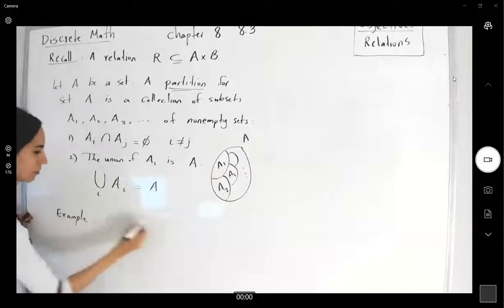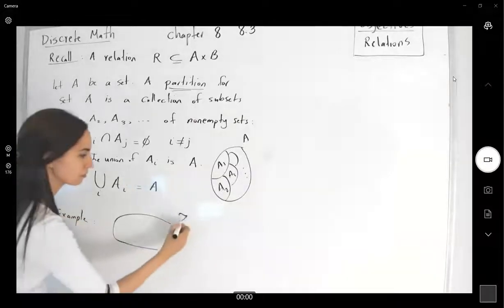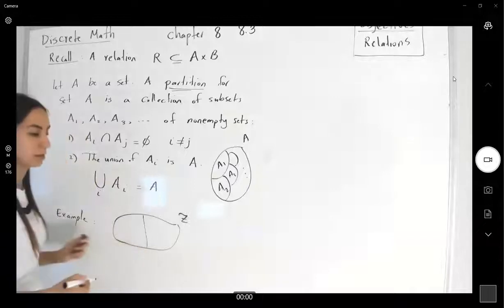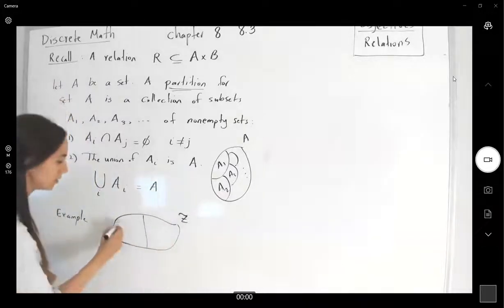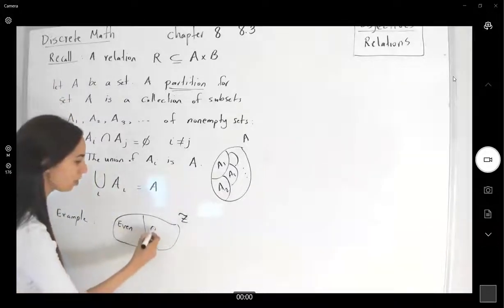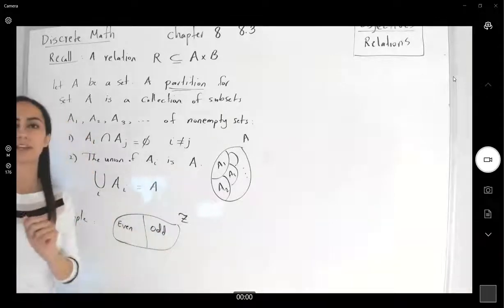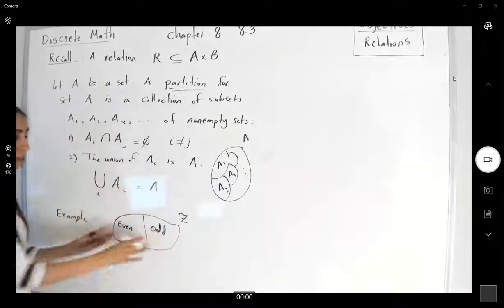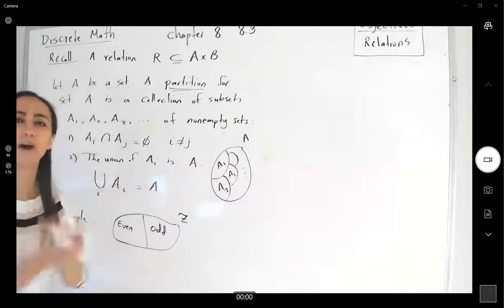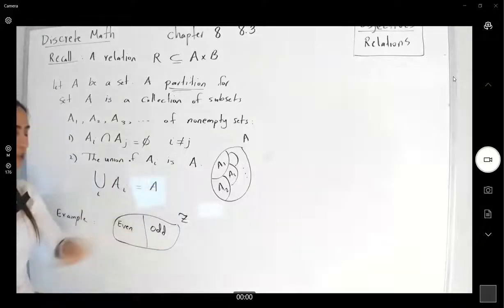Z can be divided up into two sets, even numbers and odd numbers. They have no intersection with each other. And also, if you take the union of all even and odd numbers, it's going to be equal to Z itself.